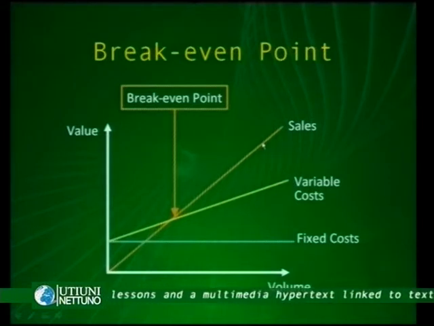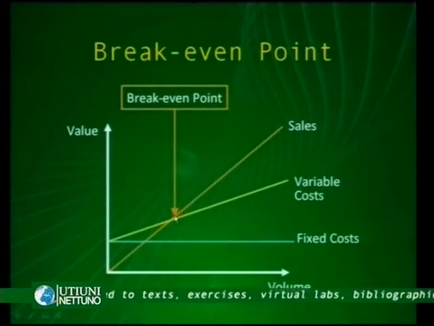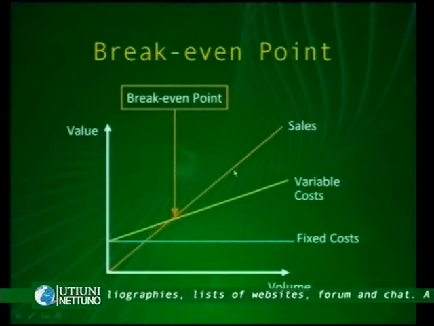And then the sales, they're increasing from 0 right up, and they're increasing all the time. And the break-even point, as I said, is where the sales and the variable costs intersect, having built the fixed costs first, then the variable costs, and then the sales.